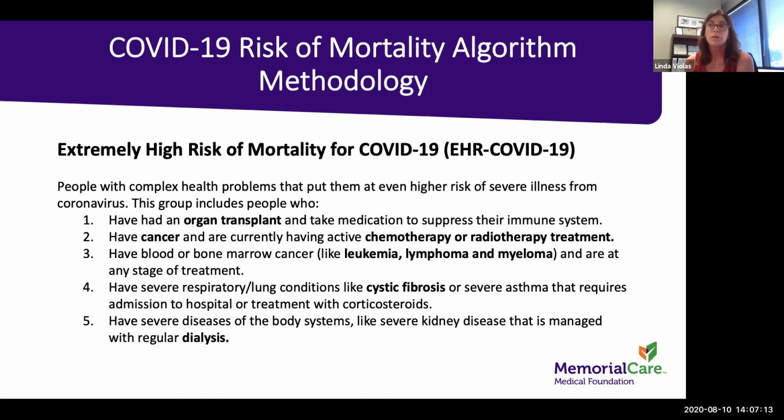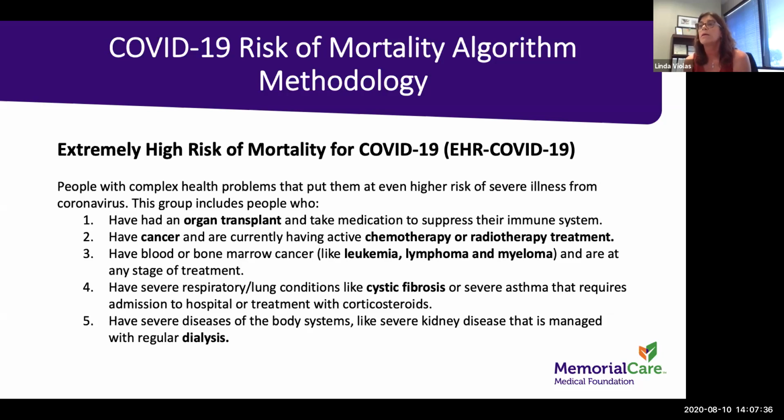The next section, as we started the conversation today about you saying that this was a respiratory kind of transmission, what everybody was worried about, well, yes, that is a problem. If you have cystic fibrosis, if you have severe asthma that requires admission to hospital, treatment with corticosteroids, you again are going to fall into this extremely high risk of mortality.